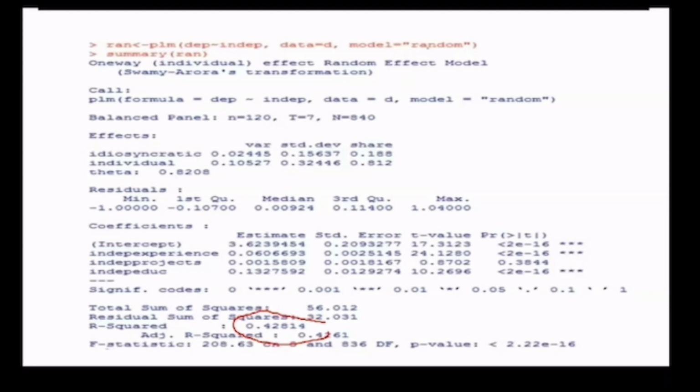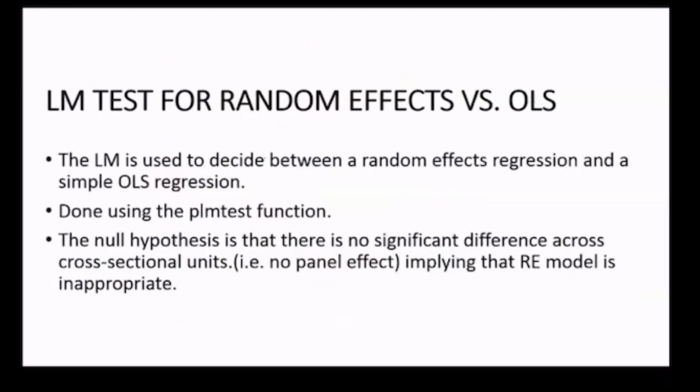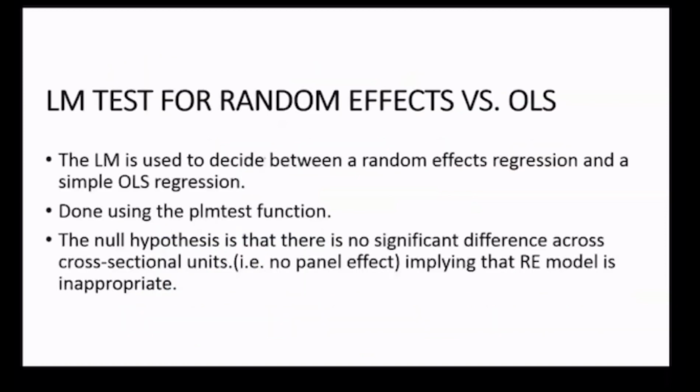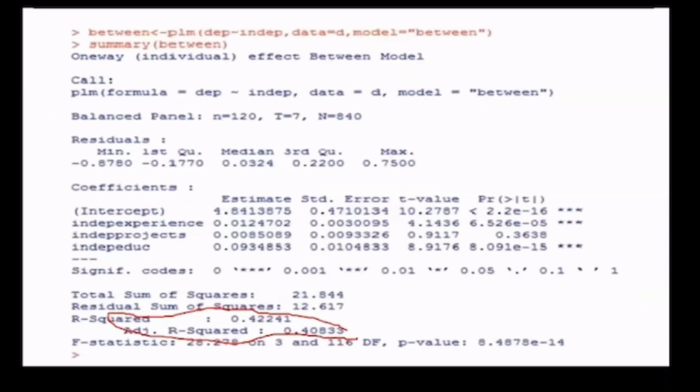But you know what? We have a standard statistical procedure to decide between two models. If I want to know which one is better between the random effect and the OLS, I'm going to use the Lagrange multiplier, the LM test, which I'm going to write as plmtest with pool. Where is the pool coming from? Of course, the pool is coming from here.